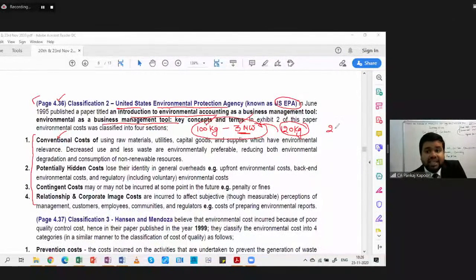So the 20 kg of coal, which is a non-renewable resource, which has environment importance, which you input extra, that will be considered as your conventional cost related to environment. Agreed? So read along with me. The use of any sort of raw material, utility, capital goods or supply which has environment relevance is considered as conventional cost.